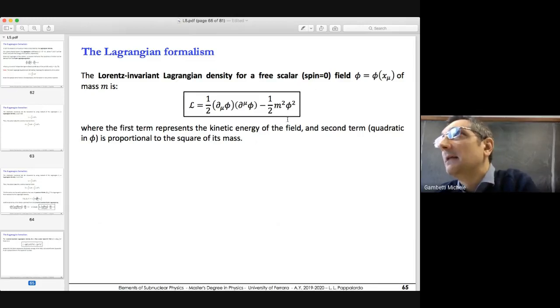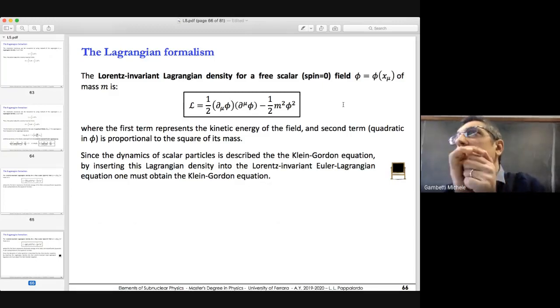Let me just note that the mass energy comes with a quadratic term in the field. This will be very relevant when we study the Higgs mechanism at the end of the course, because the Higgs particle is a scalar particle, described by a scalar field. So this is the most simple way you can write down an invariant Lagrangian density for a free scalar particle.